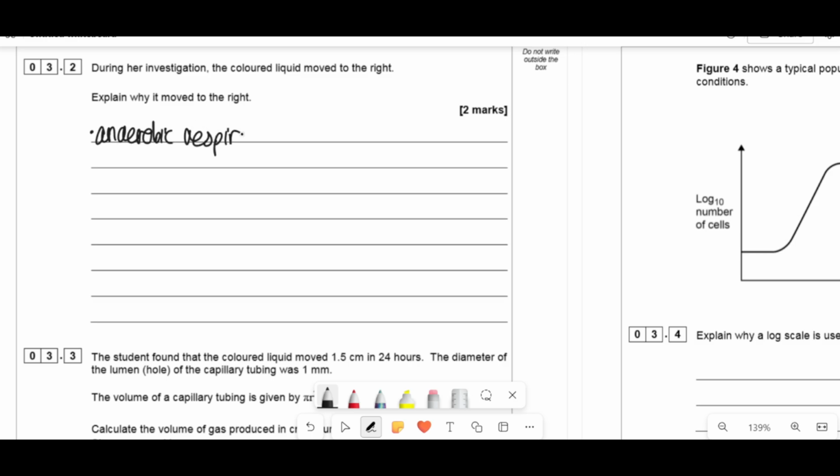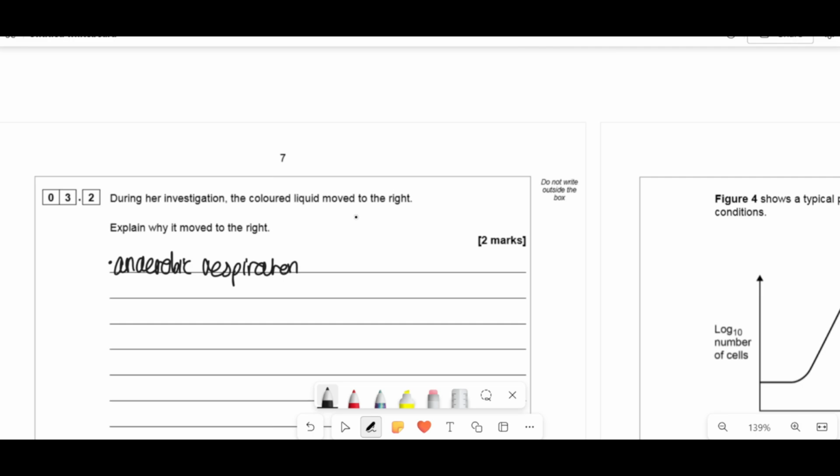We need to think about what the difference is with anaerobic respiration versus aerobic in yeast. So in plants and yeast, what happens is you get glycolysis, which makes pyruvate, but that pyruvate doesn't go to the link reaction and doesn't do all of that. What happens instead is that, first of all, it's decarboxylated, so you get a CO2 out, and then that is reduced to form ethanol.